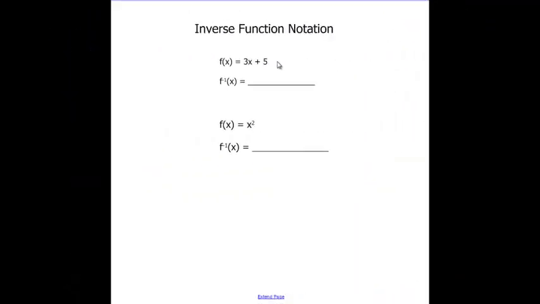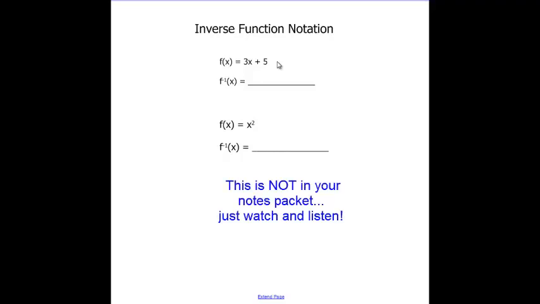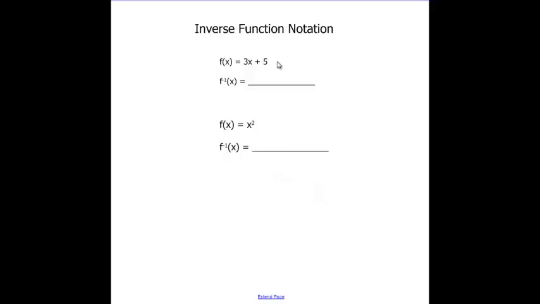The last type of notation that you might be seeing is inverse function notation, and it's a little bit about inverses in the last video, but the notation looks like f to the negative 1 power of x, and that's saying I want the inverse function for f of x. To get the inverse function, this is kind of like saying y equals 3x plus 5.